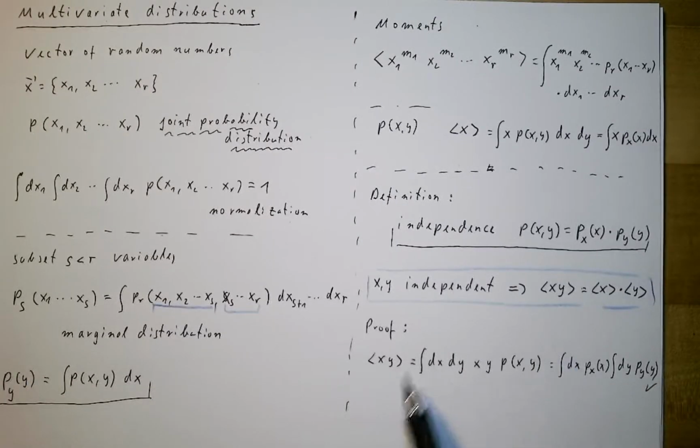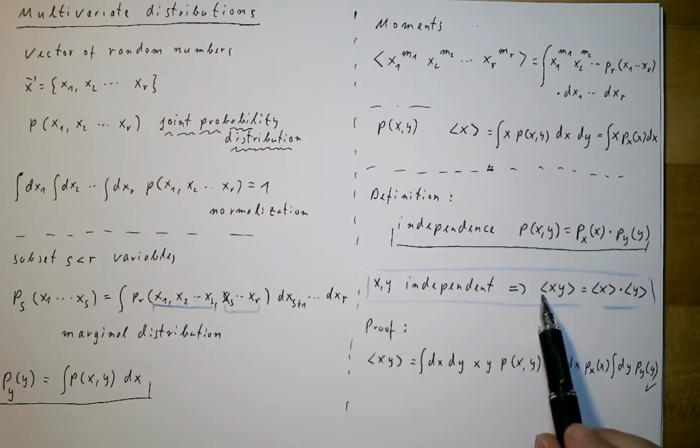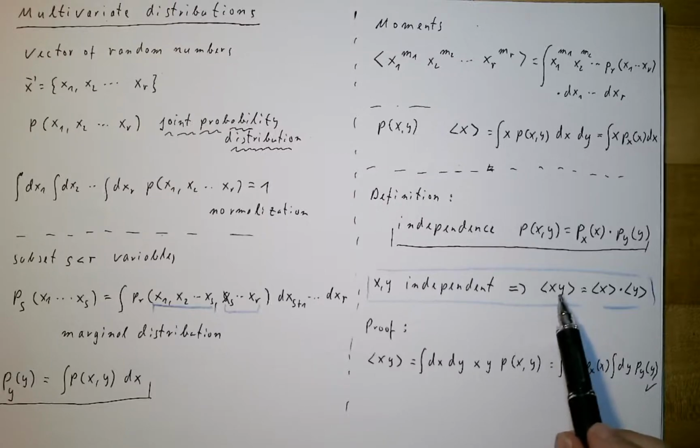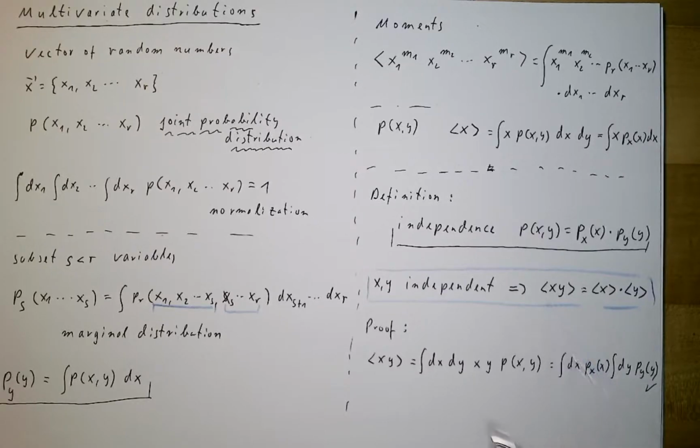Now, so this was something about the expectation value of a product. Well, we have a formula in the moment only if the variables are independent. What's the expectation value of a sum?